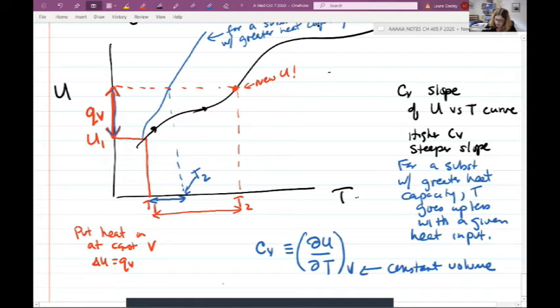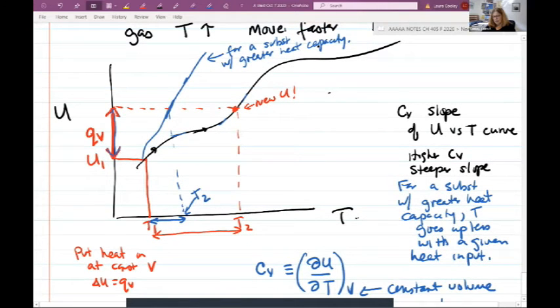So we call it the constant volume heat capacity. So the slope at every one of these points is whatever is the heat capacity of that substance. And like I said, I'm not pretending to know what this graph looks like, but I know it's going up with temperature. What's the matter, Karen? You're looking at me with that funny look.